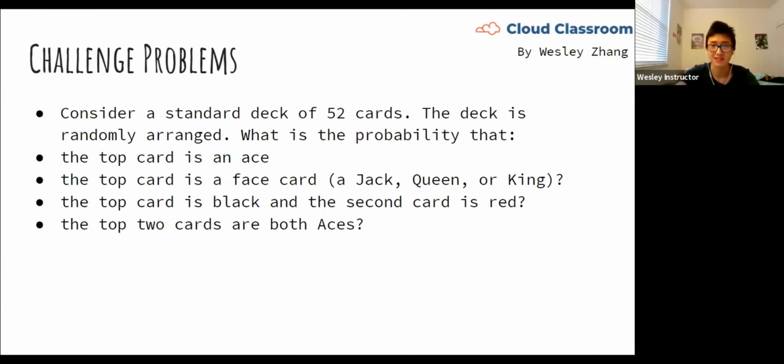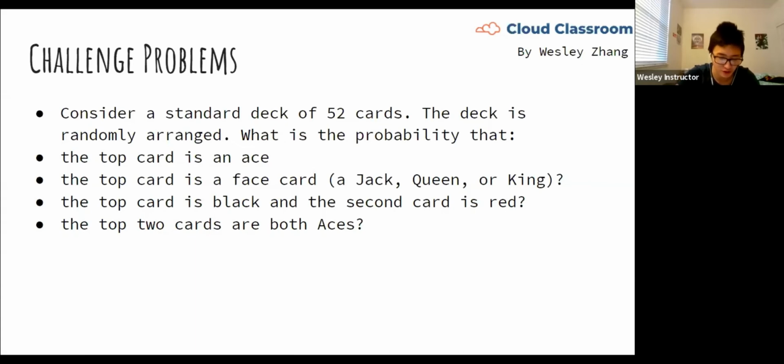All right, so an ace is basically the A. If you look in the book, it actually got this wrong.